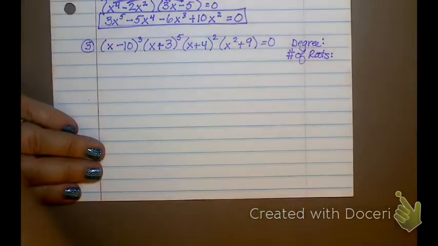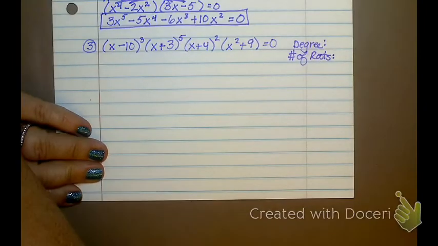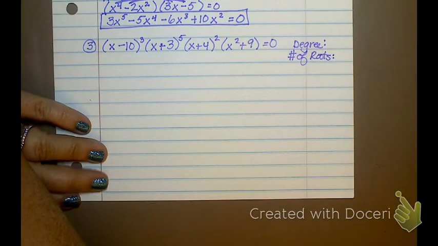So yes, this one is a bit ridiculous, but the whole reason we gave it to you was to prove that you can find the degree of something without having to multiply it all out.